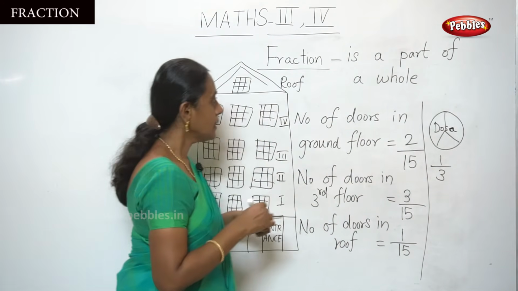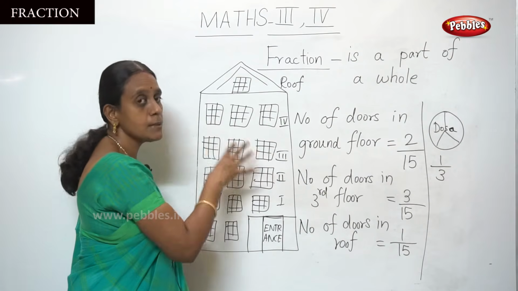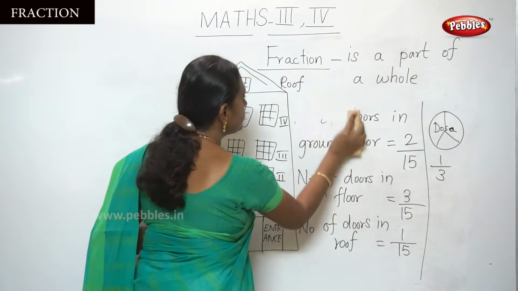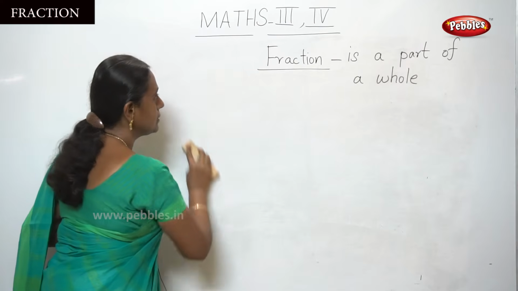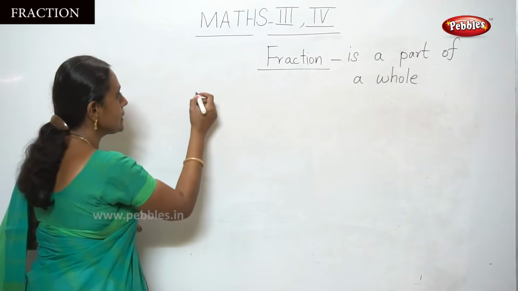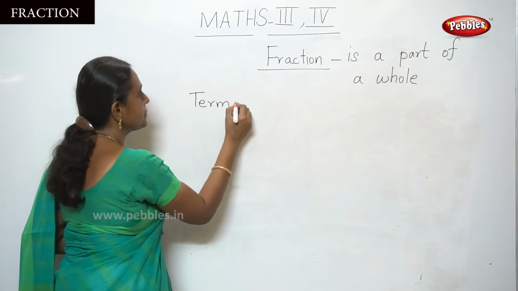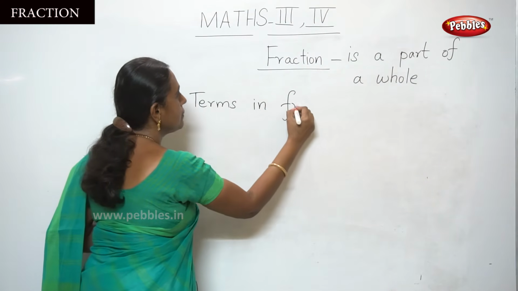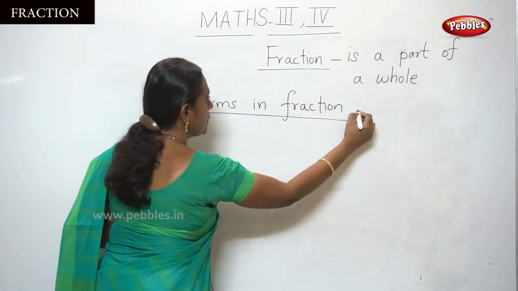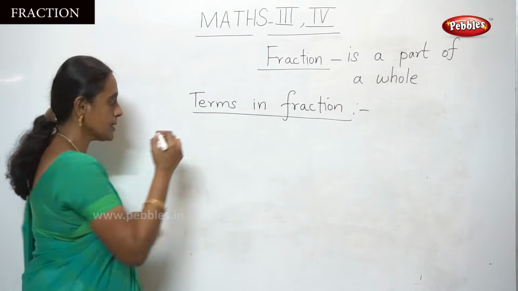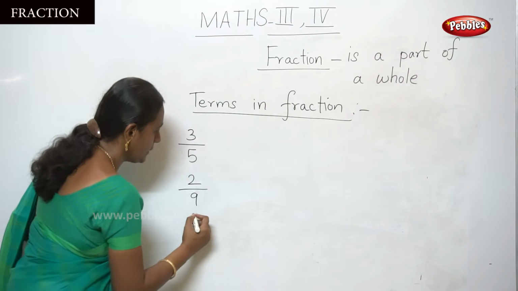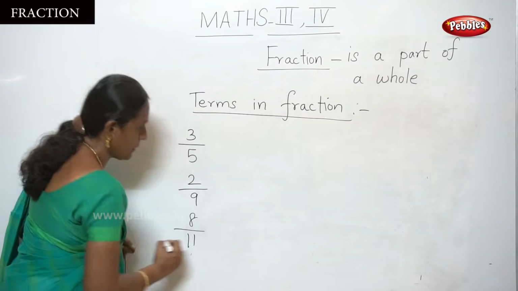Let me move on to the next topic, terms in fraction. We have learned the definition, and next are the terms. Here are examples: 3 by 5, 2 by 9, 8 by 11.